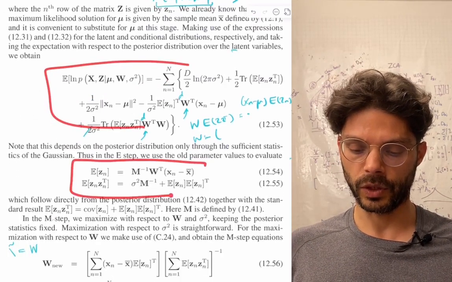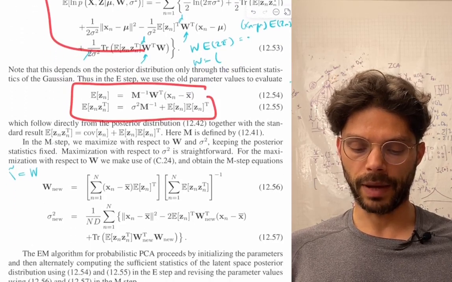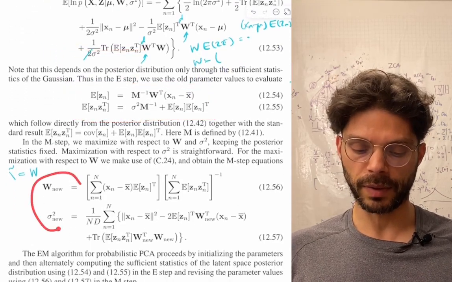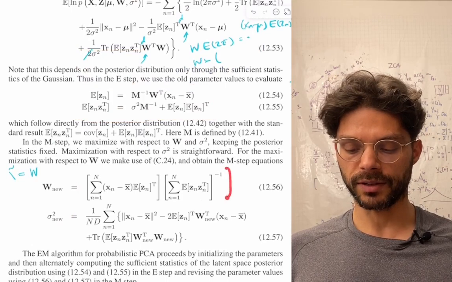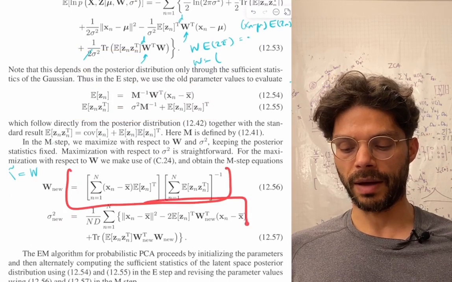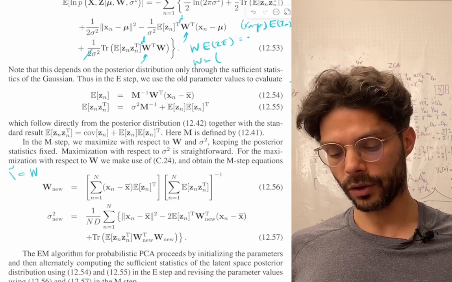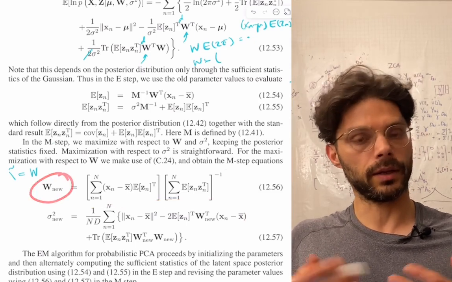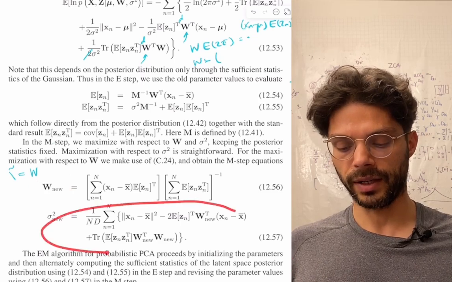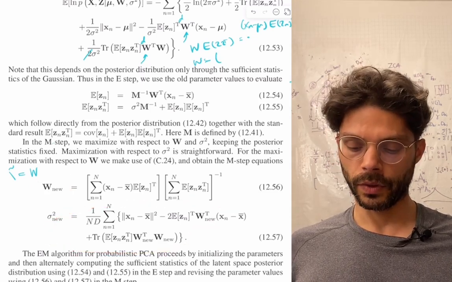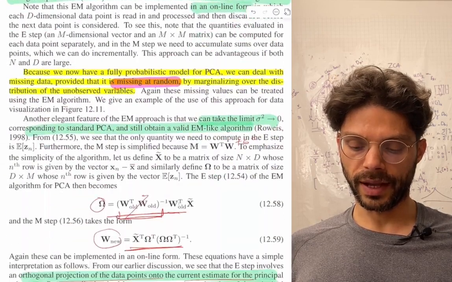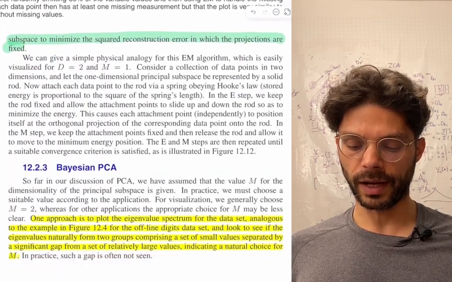So we plugged in, held those fixed, and maximized with respect to the parameters, and we got these expressions, which, despite their appearance, have very natural interpretations: recalculating the principal subspace and finding the residual variance. Cool.